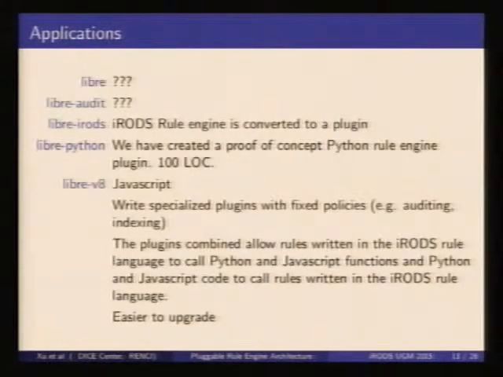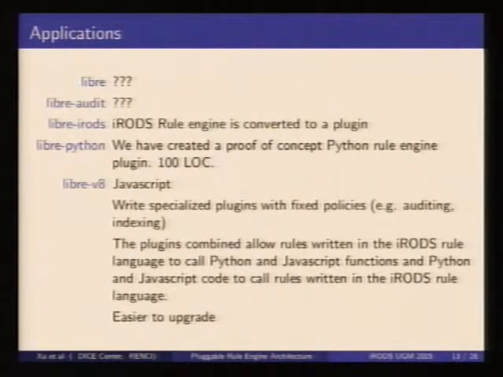Okay, so applications. As I said before, we have 5 rule engine plugins. So there's the libRE, that's the mystery rule engine plugin, which will be unveiled in the second part. And libaudit, the name suggests it's for auditing. It's also in the second part. But let's focus on the 3 rule engine plugins we have now, the general purpose rule engine plugins.